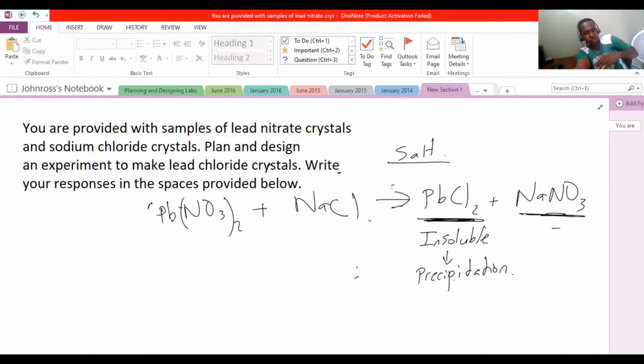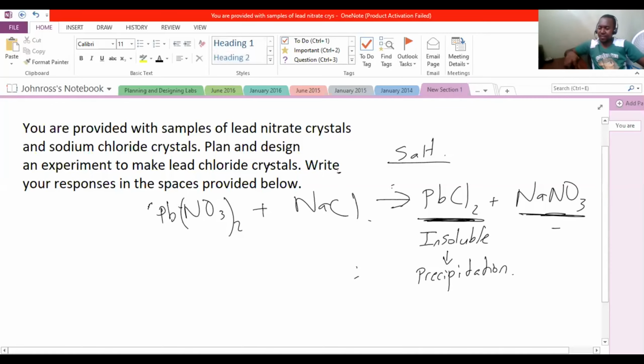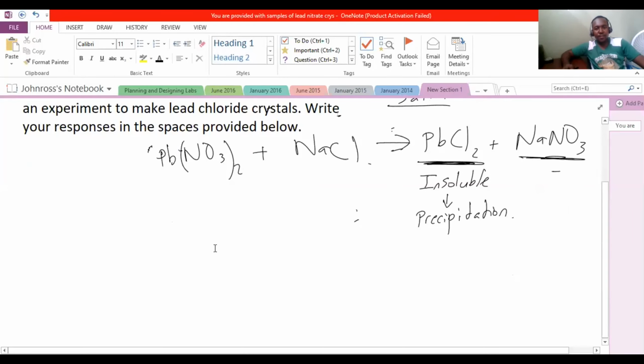So how would you get the lead chloride from your sodium nitrate? Filter. Yeah, filtration. All right, so let's write it in the format so we can see. So the first thing we're going to do is to write a hypothesis for this problem. What can be a hypothesis?